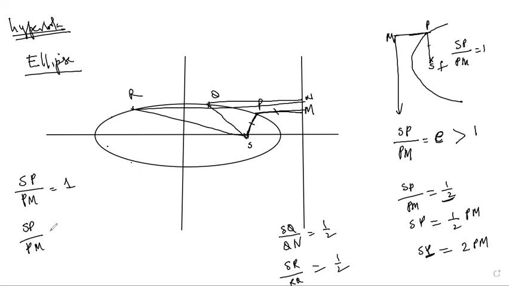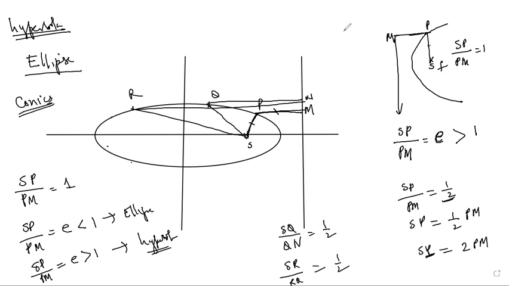If SP upon PM is a constant and that constant is less than 1, that means between 0 and 1, then it is an ellipse. And if SP upon PM is a constant that is more than 1, then it is a hyperbola. Understood? These are the three curves that we have: ellipse, parabola, hyperbola. They are called conics. All three named together, we call them conics. Even a circle is also known as a conic. I'll explain to you later why it is known as a conic.